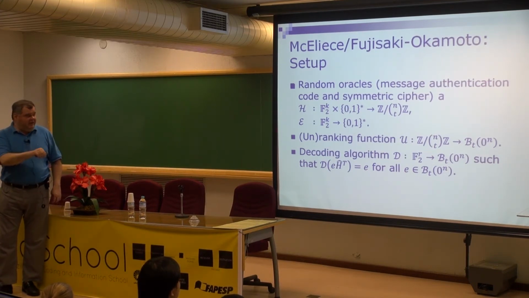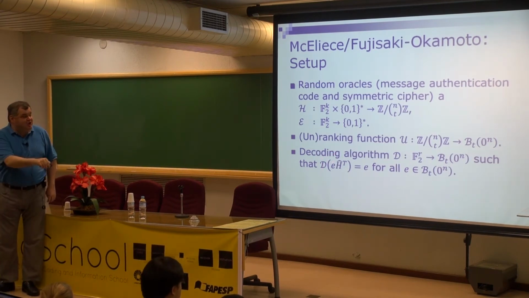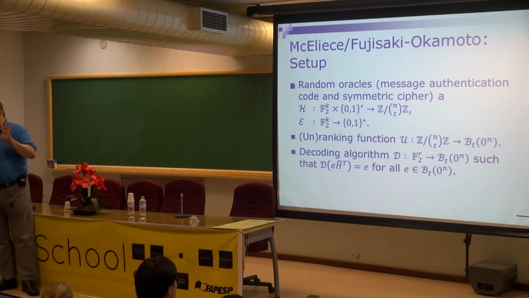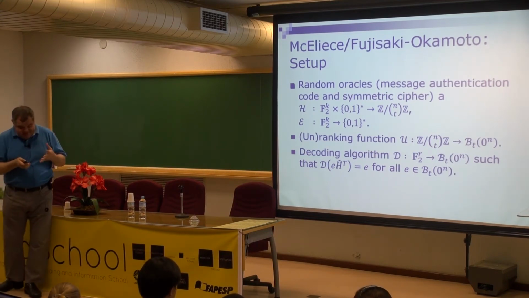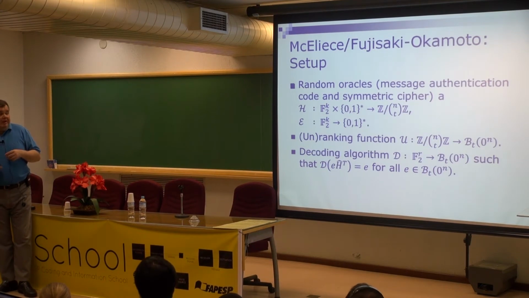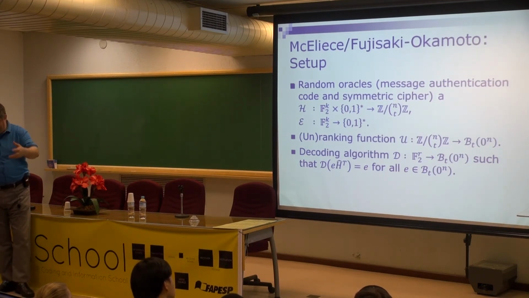What happens when we feed the decoder with anything that does not satisfy this restriction is not specified. It can fail. It could even succeed under some circumstances. But all we really need to ensure is that when we provide it with the syndrome of a short vector, it can compute that short vector.